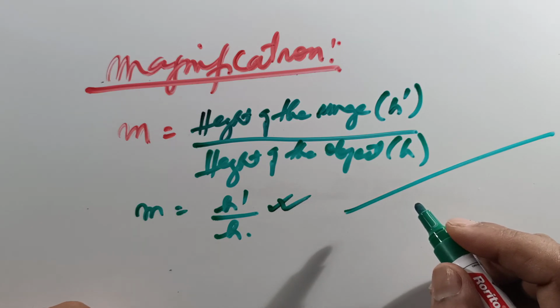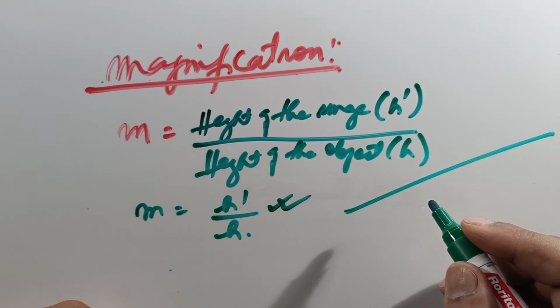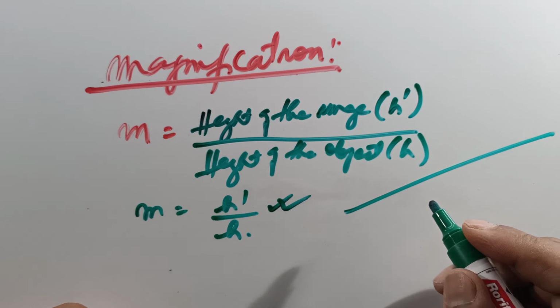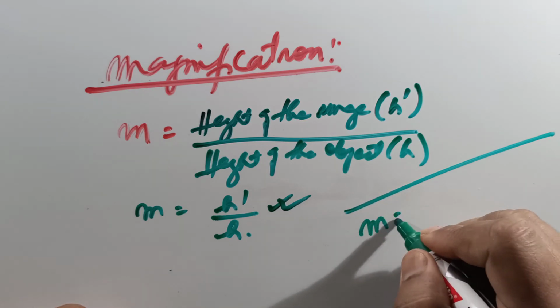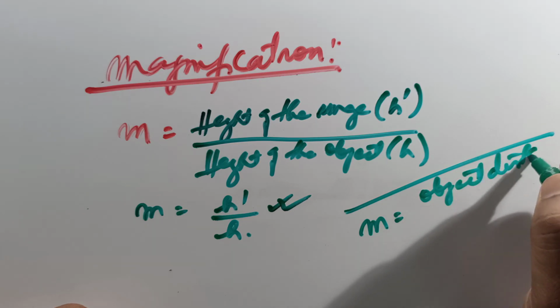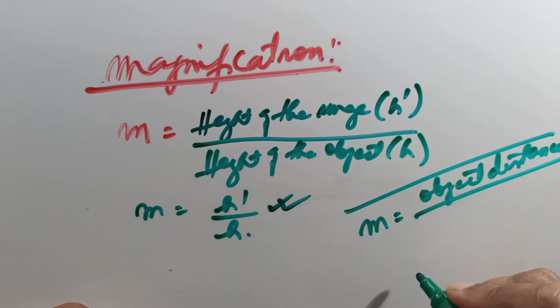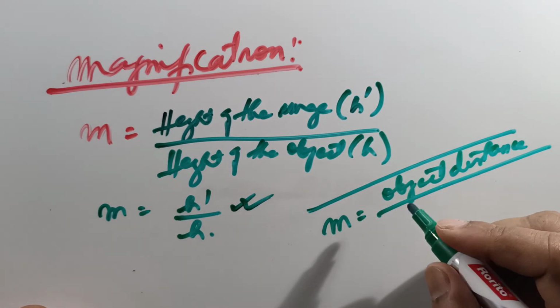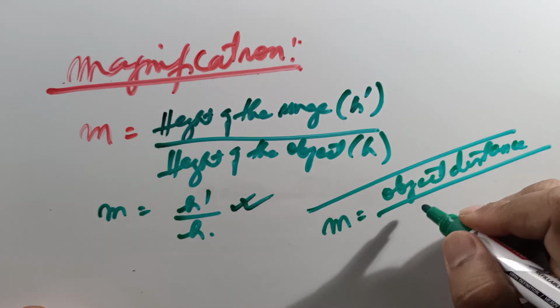And magnification is also what? Magnification m is also related to the object distance u and the image distance v. It can be expressed as m is equal to minus v by u.